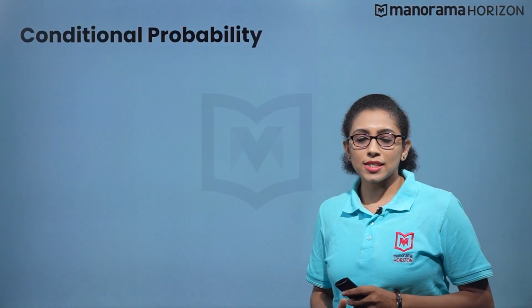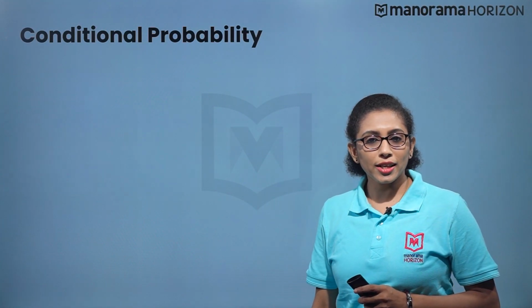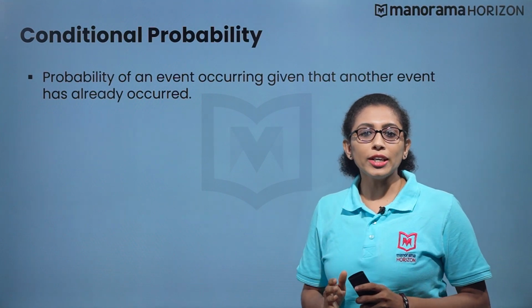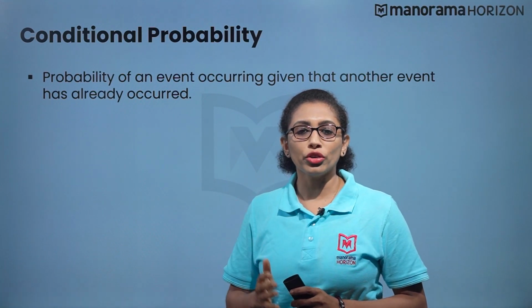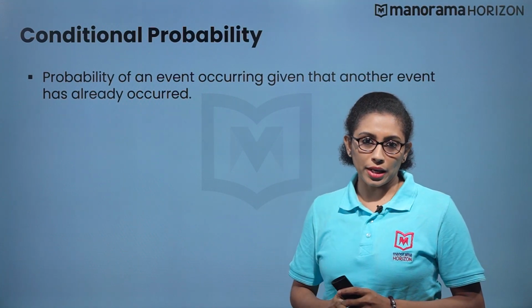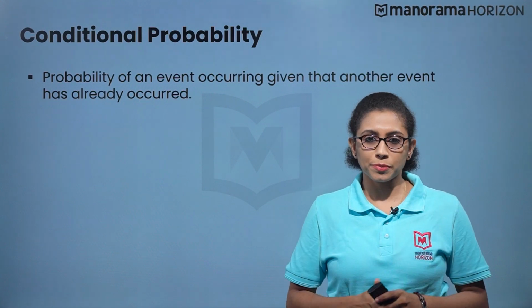Now, let us discuss the definition of conditional probability. It is the probability of an event occurring given that another event has already occurred. Consider two events E and F associated with the same sample space of a random experiment.